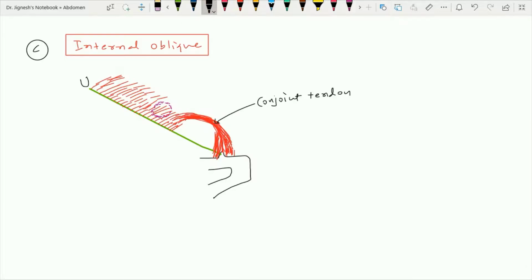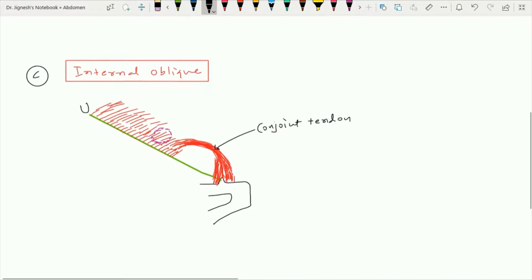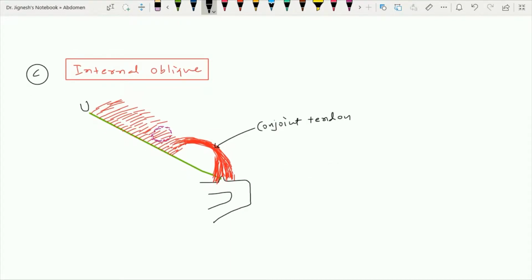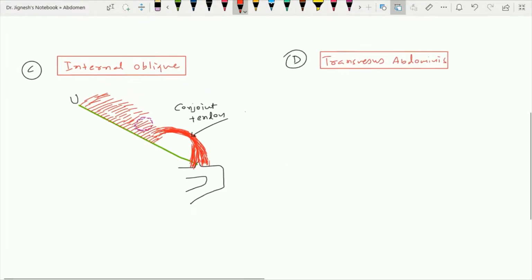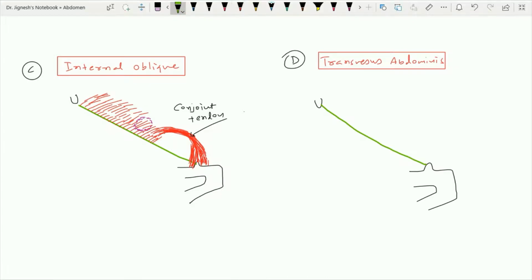Now let's draw figure D, which is concerned with the transversus abdominis muscle. As we already know, this transversus abdominis muscle arises from the lateral 1/3 of the inguinal ligament, and the deep inguinal ring, which is present within the fascia transversalis, is just above the mid-inguinal point.